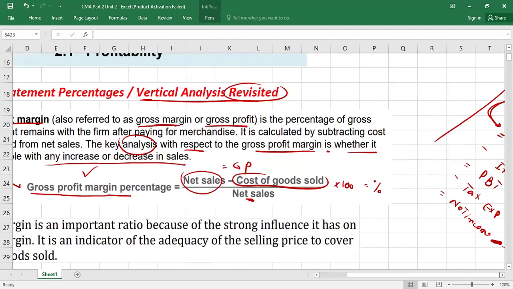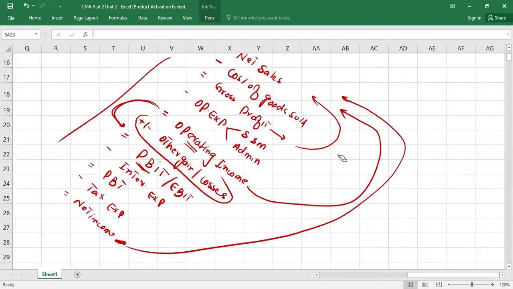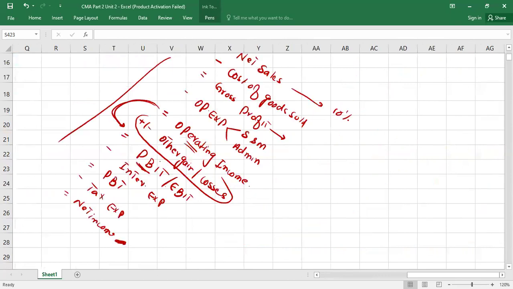So guys, please remember, the ideal situation is that, for example, if your net sales increased by 10%, mostly your gross profit should also increase by 10%, right? Approximately. If net sales decreased by 10%, then your gross profit should also decrease by 10%. So mostly gross profit should be constant with the sales.